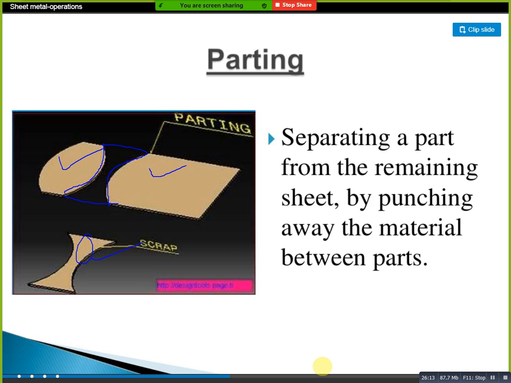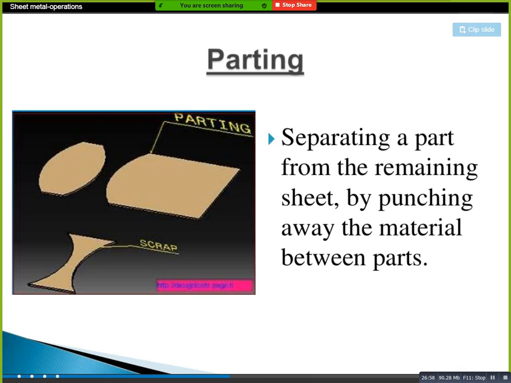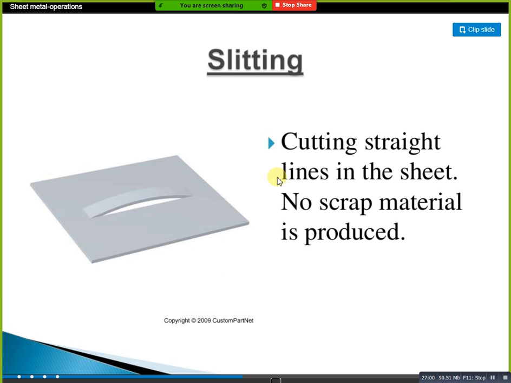This is slitting. Slitting means cutting straight lines in the sheet, and no scrap material is produced. For example, you can see this in buses, where we also have louvers on the backside, depending upon the requirement.